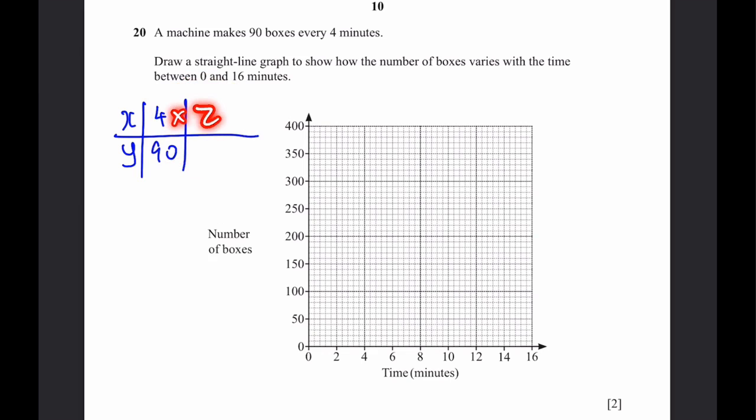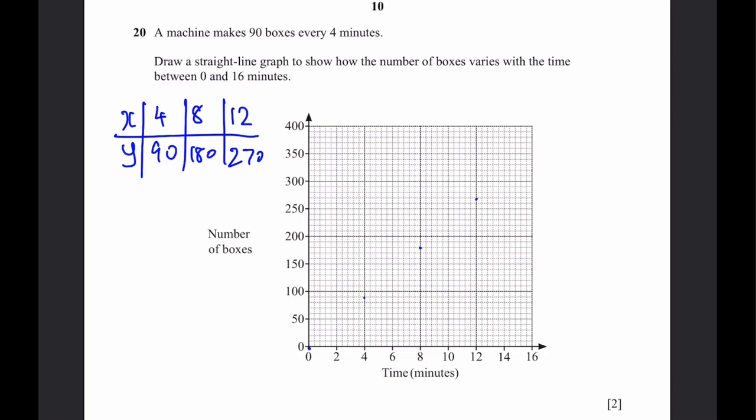So multiplying by 2, we get X equals 8 and Y equals 180. And then if you multiply this value by 3, we'll multiply this one by 3, which will bring 12 and 270. These 3 points are enough. Of course, starting from the origin, because in 0 minutes you make 0 boxes. So 0, 0, and then 4, 90, 8, 180, 12, 270.